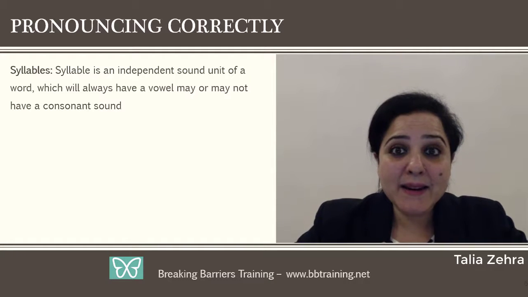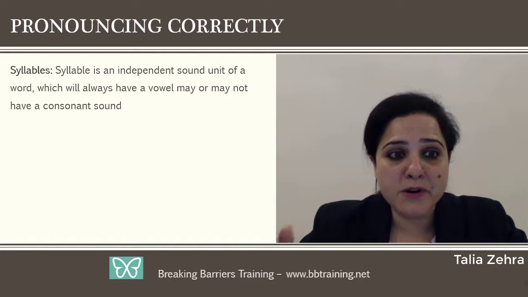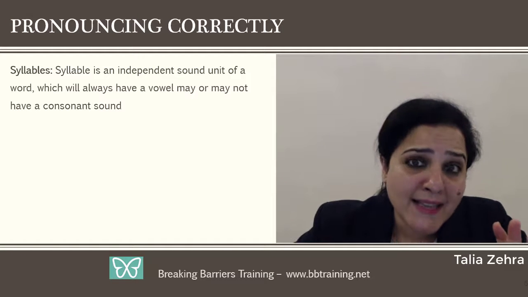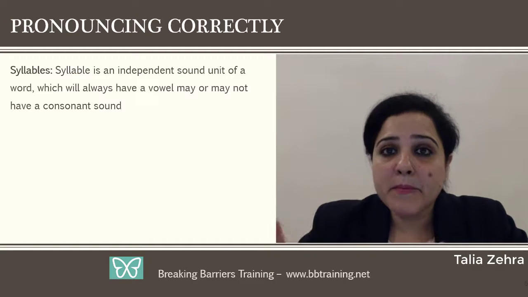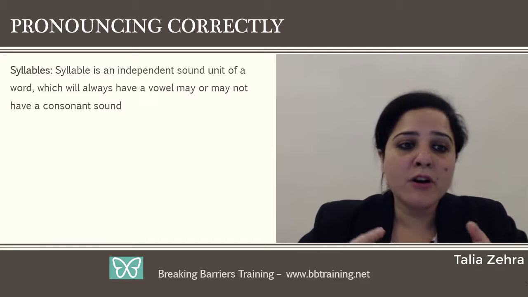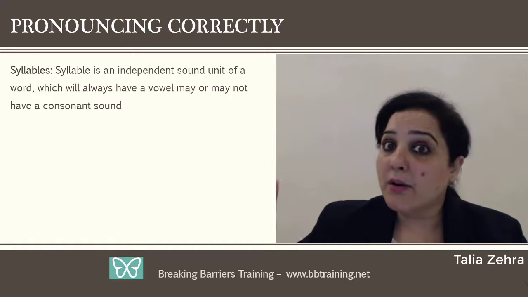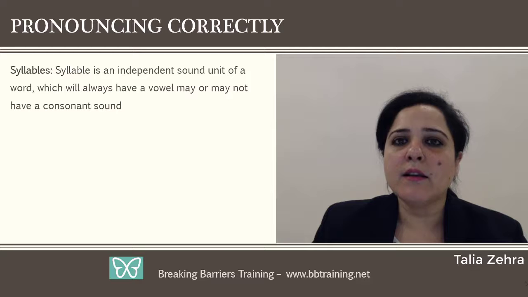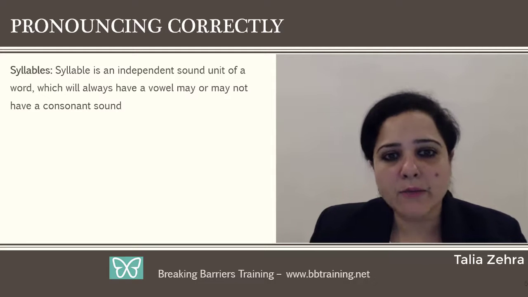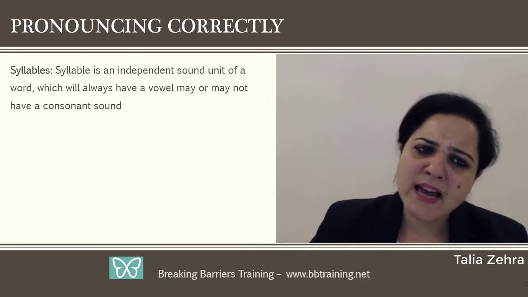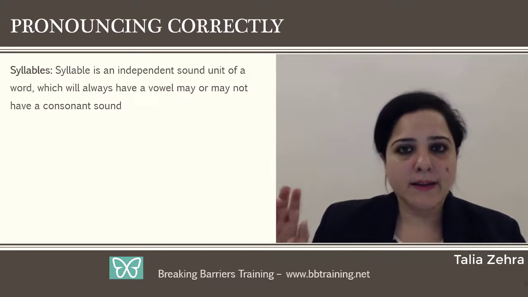Syllable is an independent sound unit of a word which will always have a vowel sound, may or may not have a consonant sound. Now, it may or may not have a vowel, but it will have a vowel sound. May or may not have a consonant sound. Right?